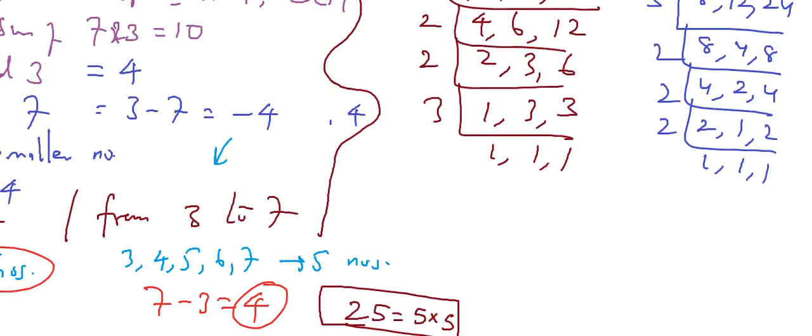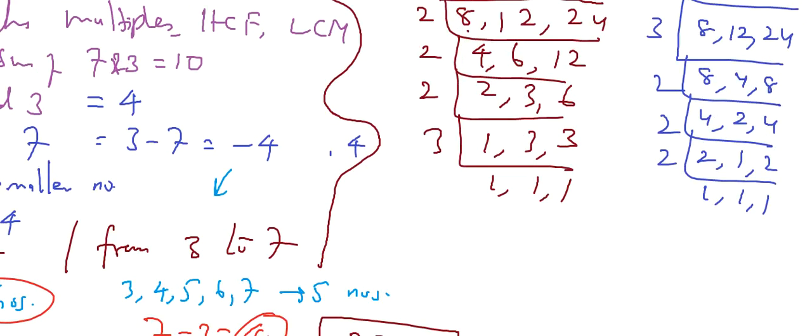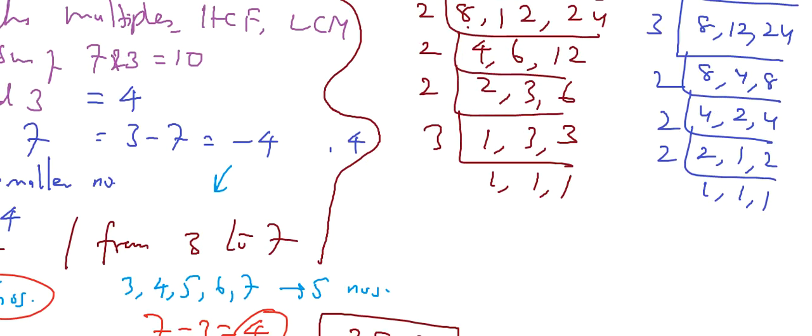See, for example, I'll come later to how to find HCF and LCM from this. Suppose 16, 24, 48. Suppose you decide all are divisible by 8, isn't it?